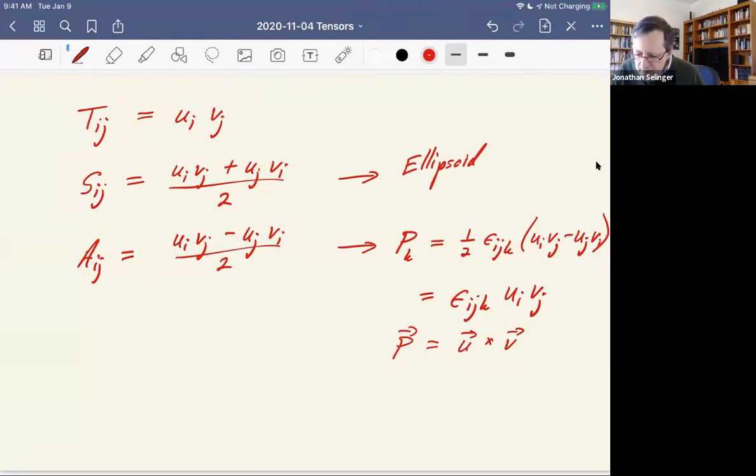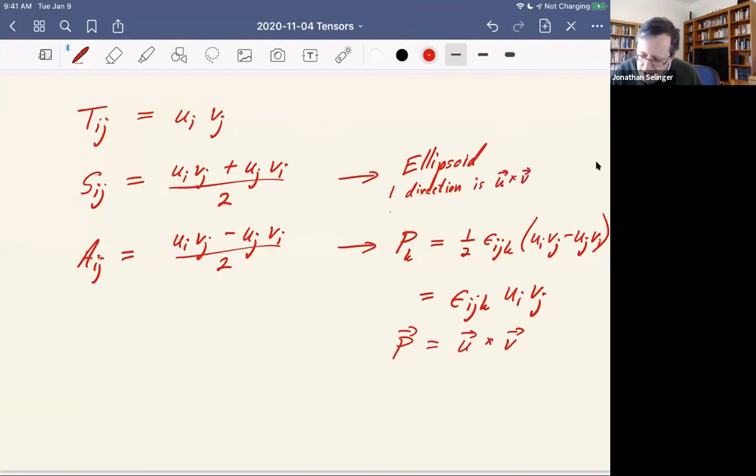Okay? I can't tell you in general what those directions are, but I can say one of the special directions is u cross v.